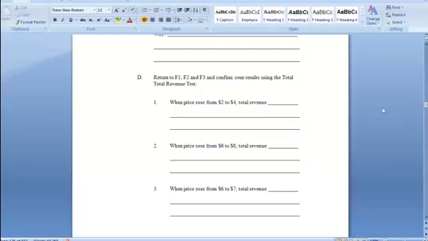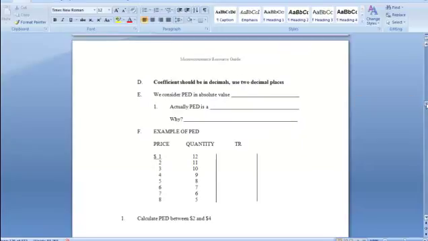Let me shift back to that. $2 to $4, we got 22 to 36. So yes, the total revenue rose from 22 to 36, which confirms that the demand is inelastic because price and revenue both moved in the same direction.